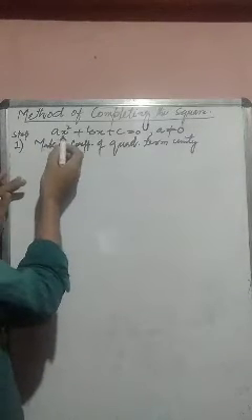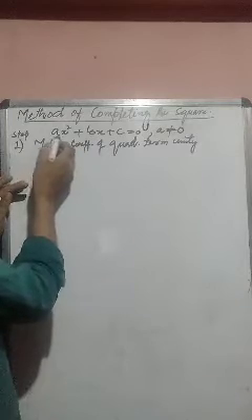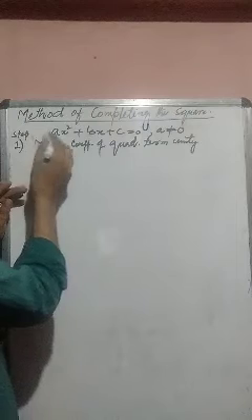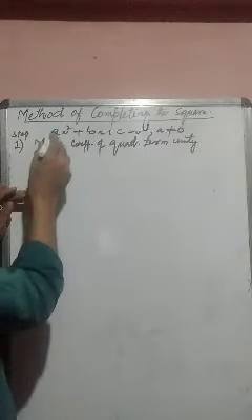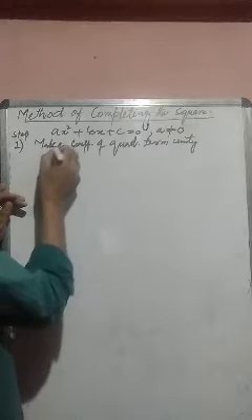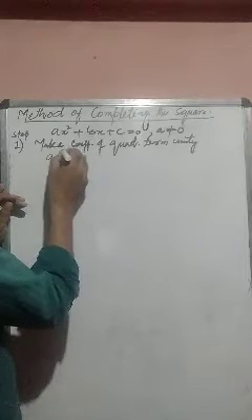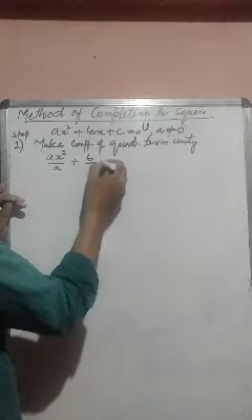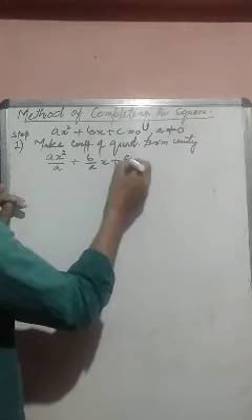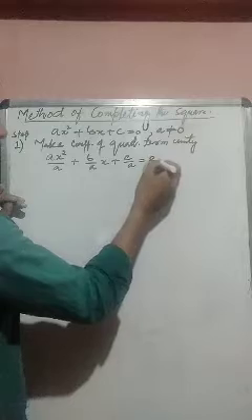So आप यहाँ पे देख रहे हैं कि जो x स्क्वायर है इसका कोफिशिएंट यहाँ पे a है. So we will divide both sides of the equation by the coefficient of x square, that is a, to get the coefficient as unity. So ax square divided by a plus bx by a plus c by a equal to 0 by a.